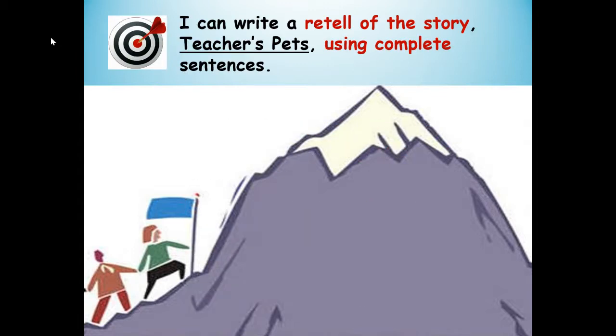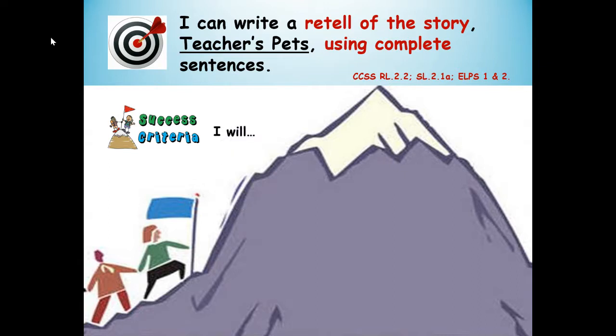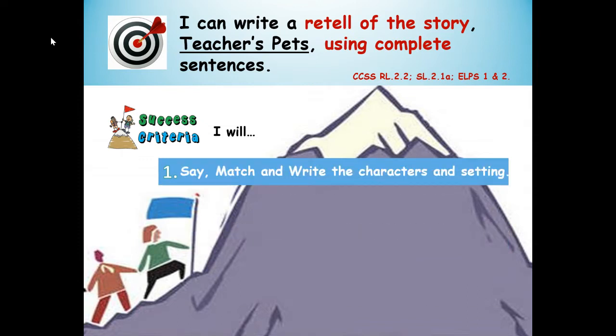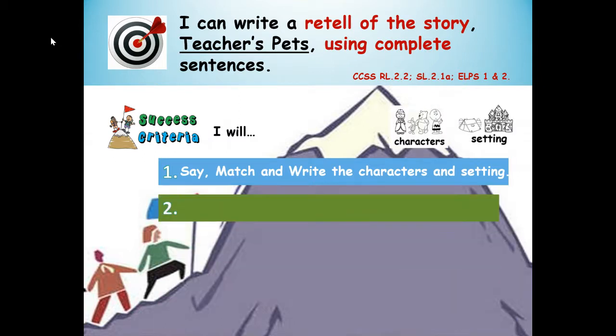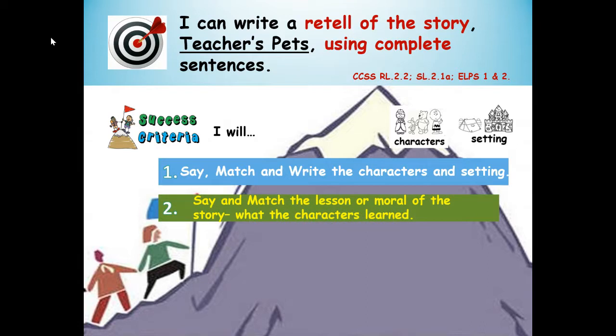Here's our learning target. I can write a retell of the story Teacher's Pets using complete sentences. Success criteria. That means how will you know you're successful at writing a retell? Here are our steps to success. Number 1, I will say, match, and write the characters and setting. Number 2, I will say and match the lesson or moral of the story, what the characters learned.